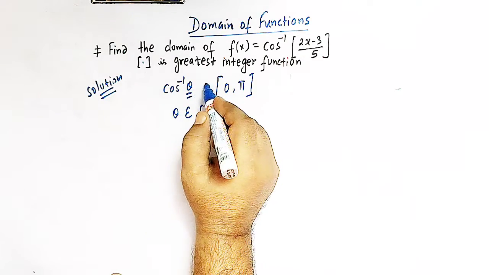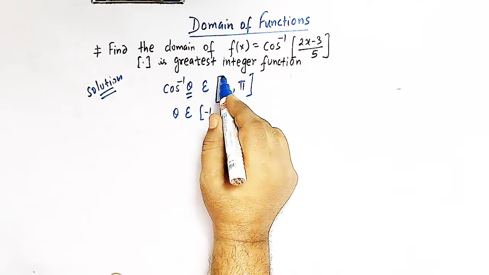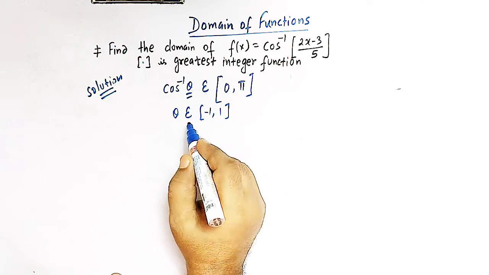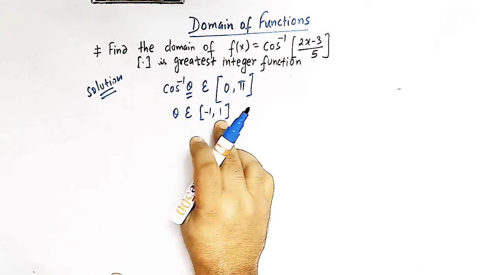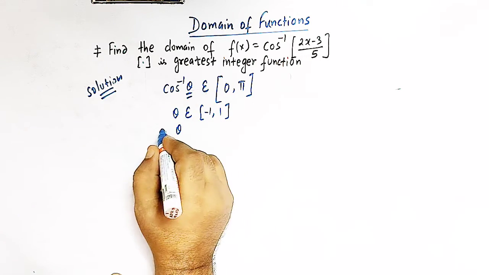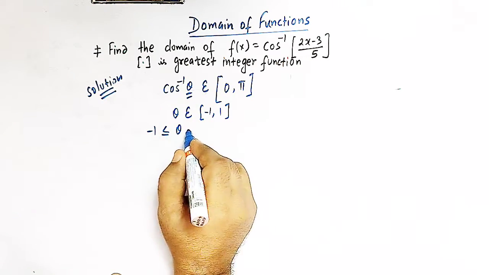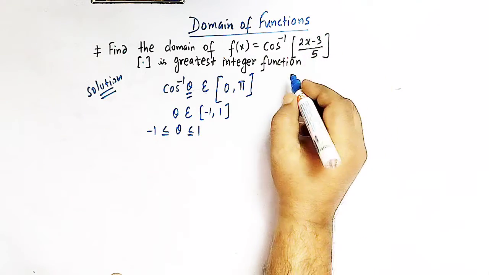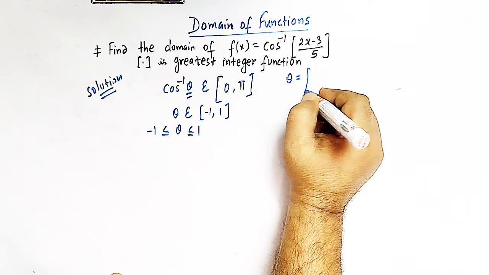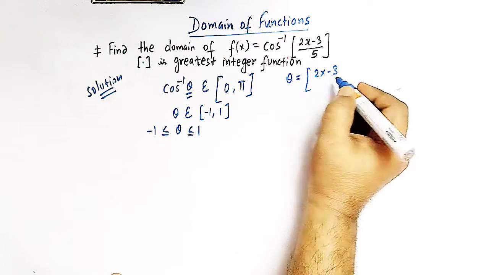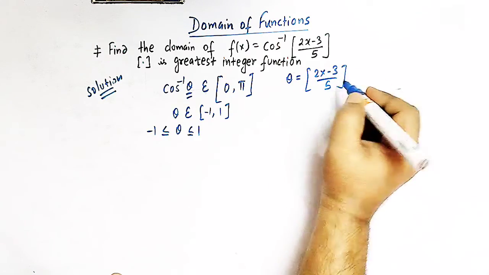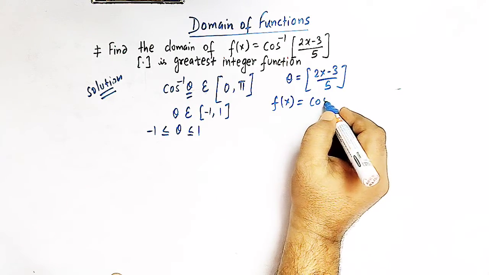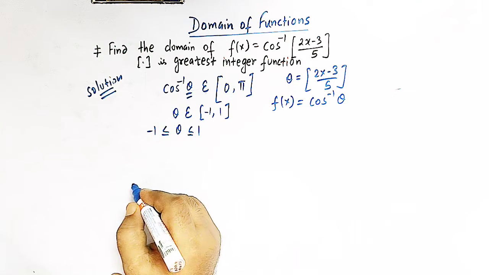So cos inverse theta belongs to the interval 0 to pi whenever theta belongs to the interval minus 1 to 1. So theta must lie between minus 1 and 1. Now if we take theta as the greatest integer of 2x minus 3 over 5, then our function assumes the form cos inverse theta, right?